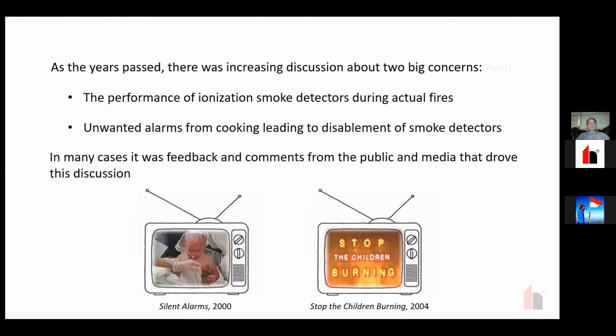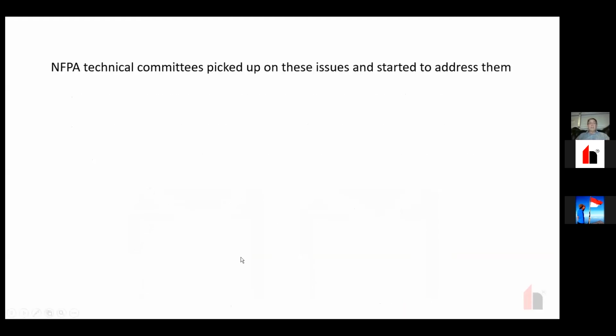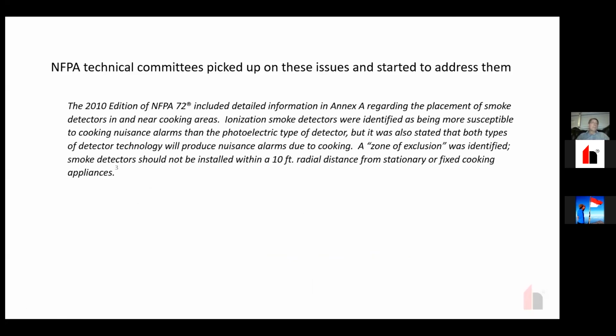And so eventually the NFPA technical committees began to pick up on these issues, and they started to take steps to address and correct them. For example, in the 2010 edition of NFPA 72 in Annex A, you'll find information regarding the placement of smoke detectors in and near cooking areas.